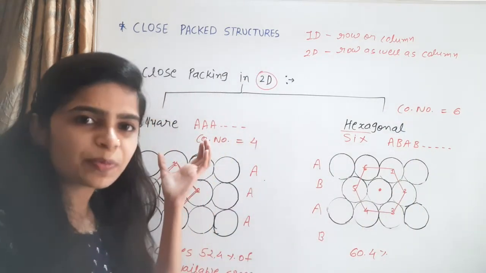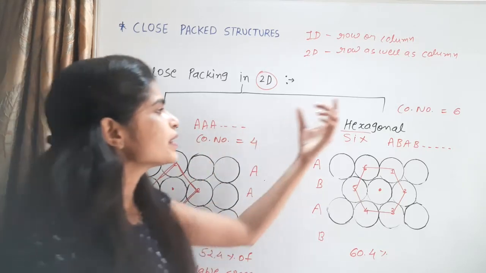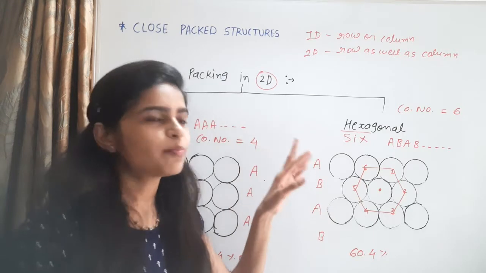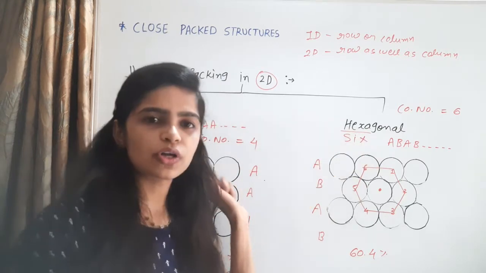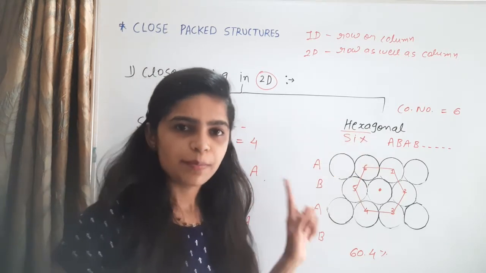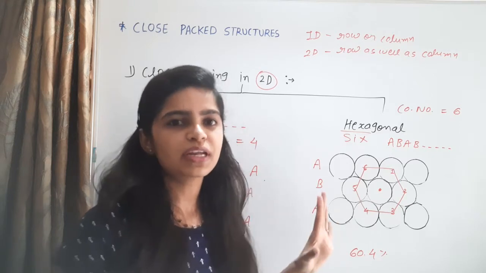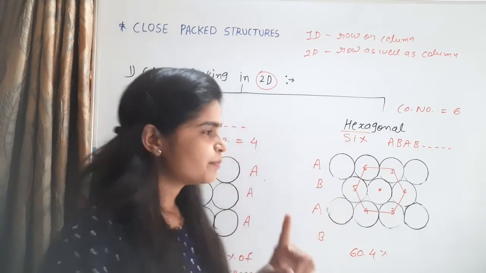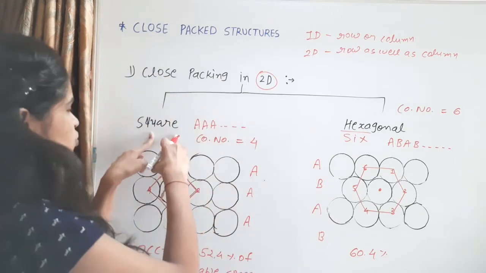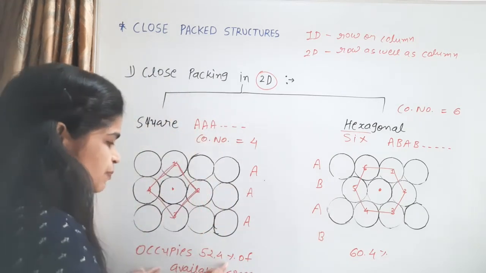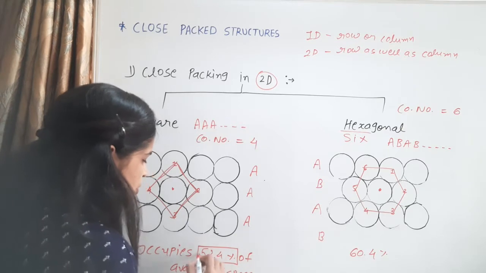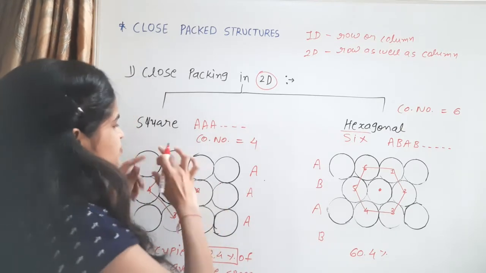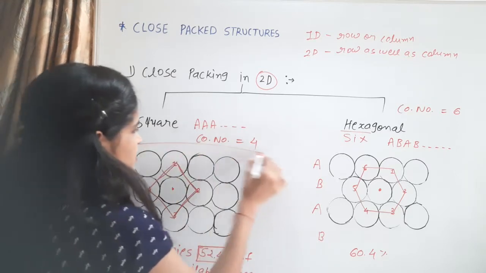In square close packing, the coordination number is 4. In hexagonal, it is 6. The coordination number is more in hexagonal than in square, and because of the higher coordination number, its close packing is very tight. For example, in square close packing, the occupied space is 52.4% of the available space.